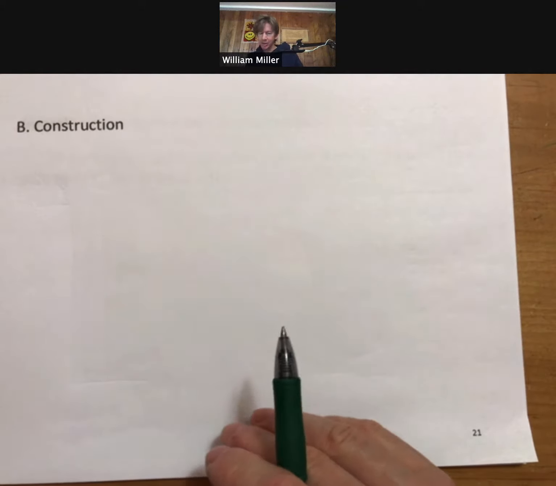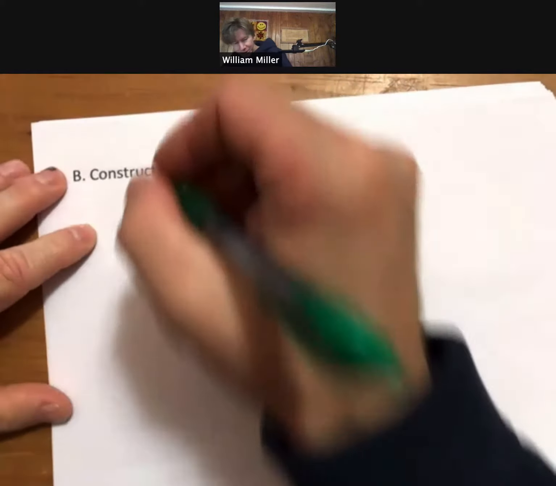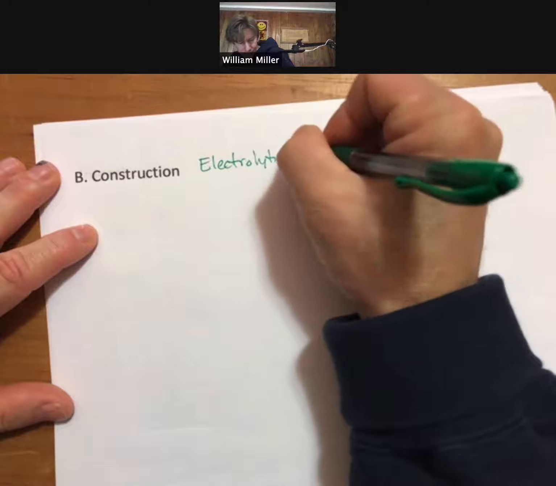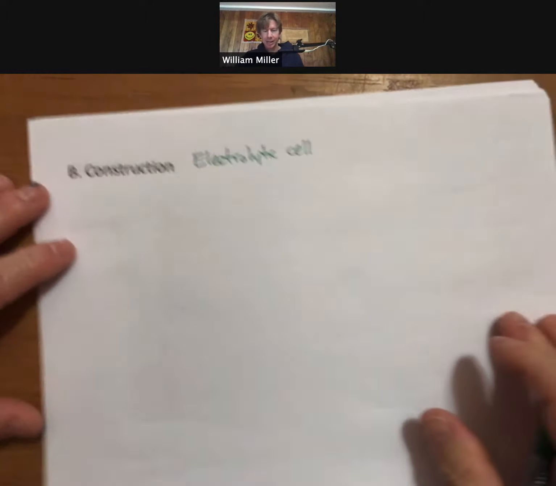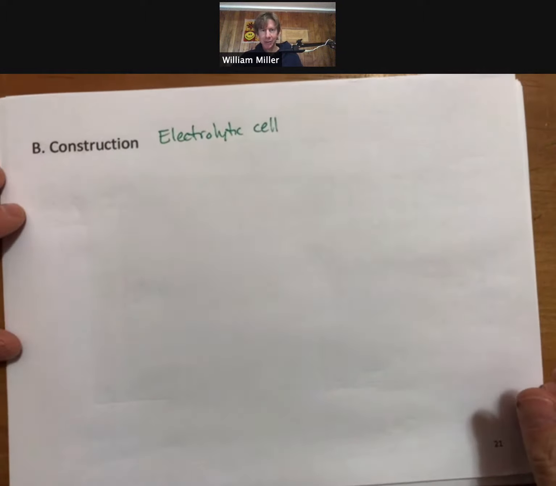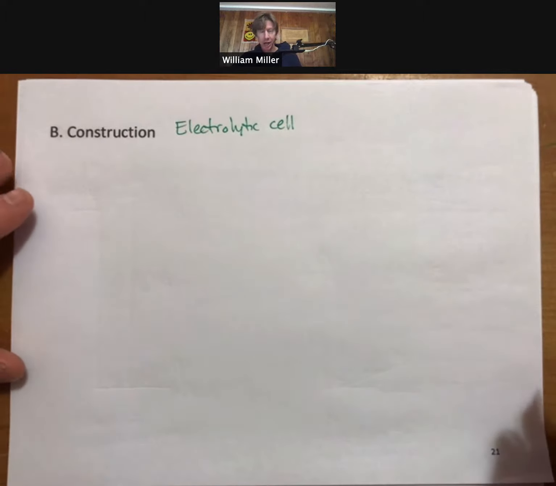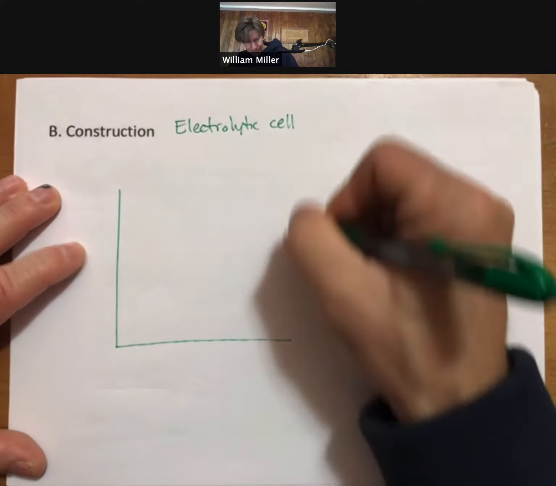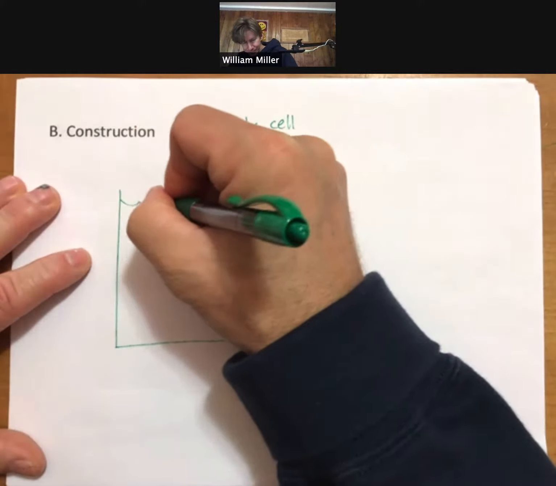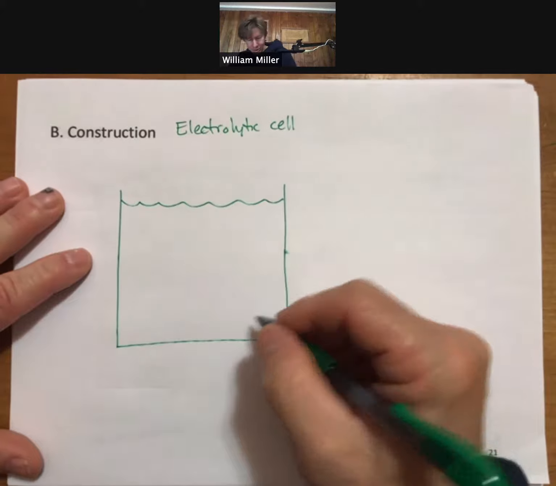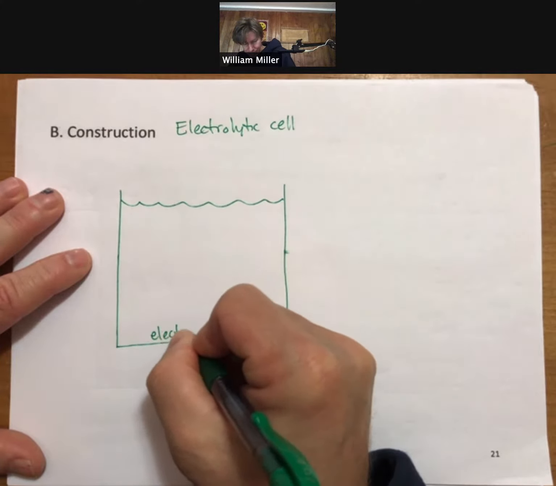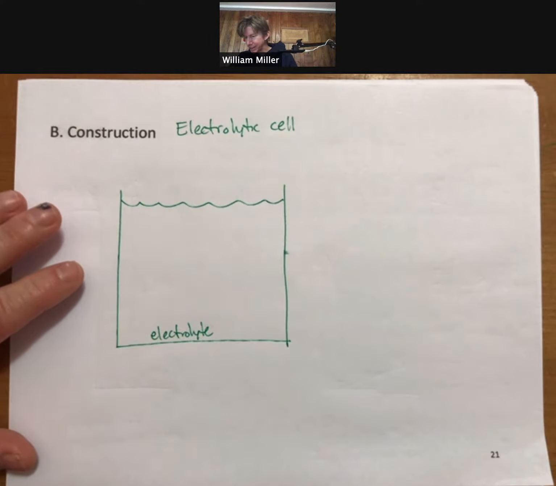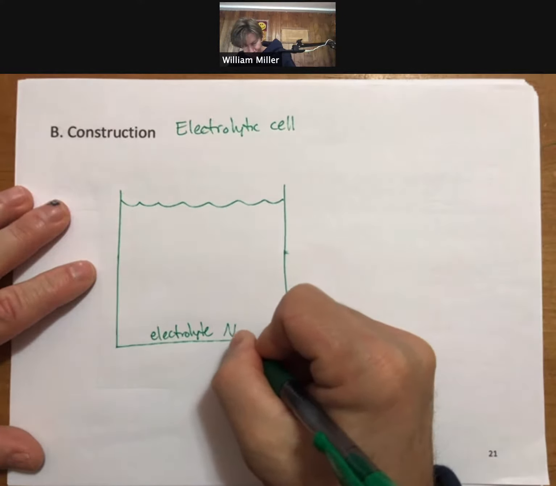Now let's talk about the construction of an electrolytic cell. Because it's non-spontaneous, everything can occur in one beaker. Our generic setup will be something like this. You'll have an electrolyte, and let's say that our electrolyte is sodium chloride.